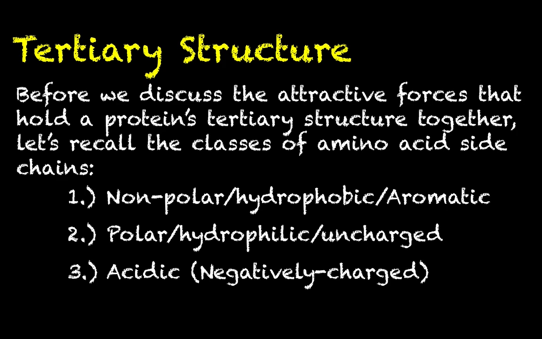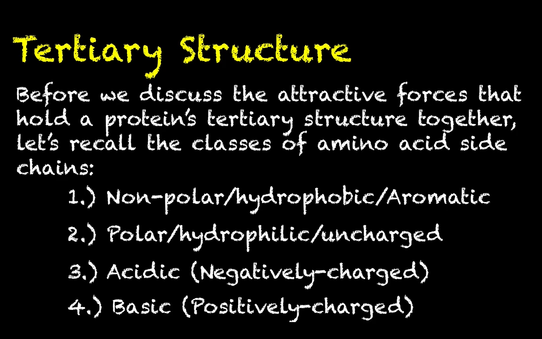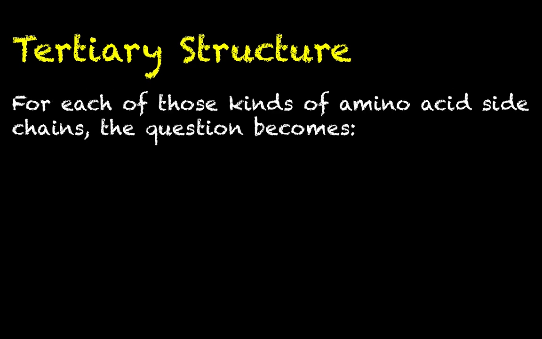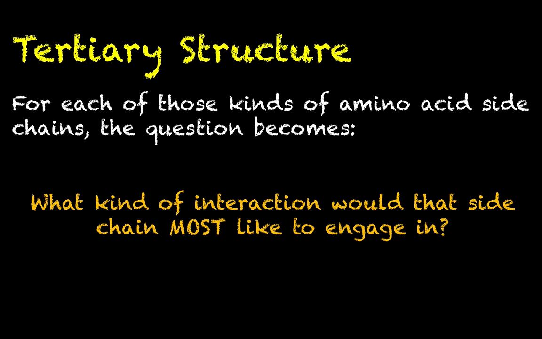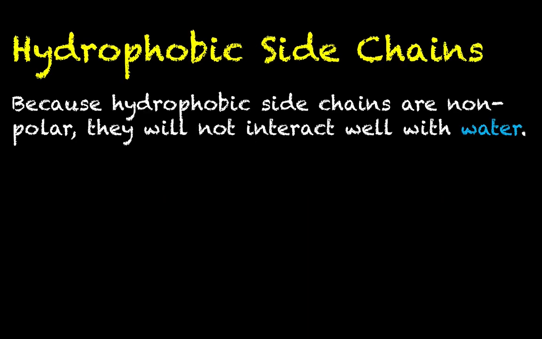And then you have the acidic side chains, which are negatively charged, and the basic side chains, which are positively charged. So for each of those different types of amino acid side chains, when we're determining what the optimal tertiary structure is going to be, we want to ask the question, what kind of interaction would that side chain most like to engage in? So to answer that question, we'll go ahead and start with the hydrophobic side chains.